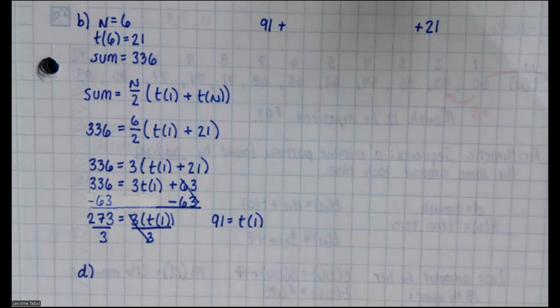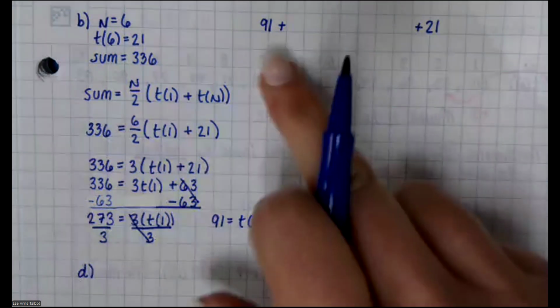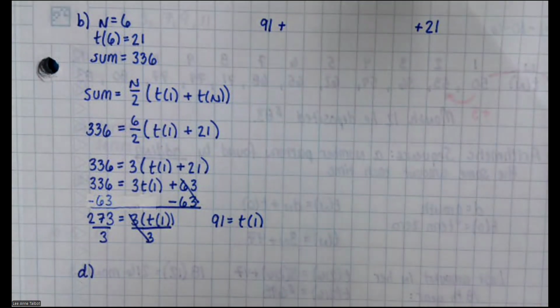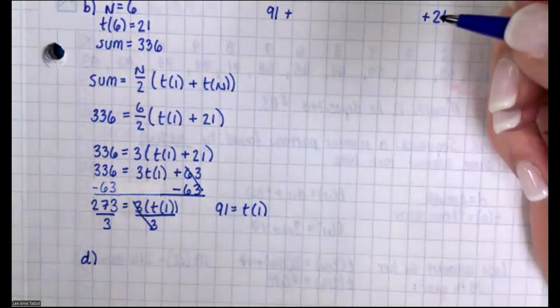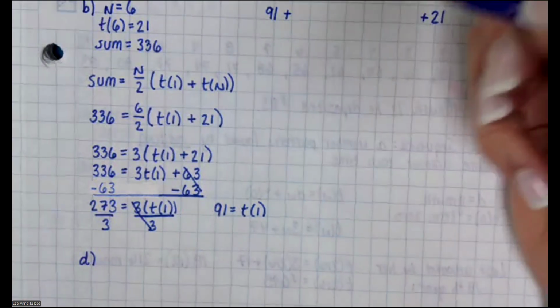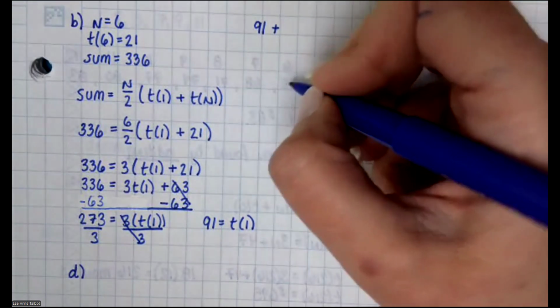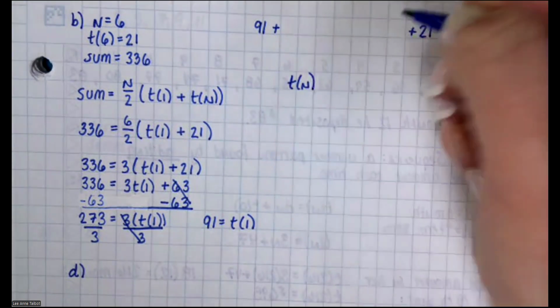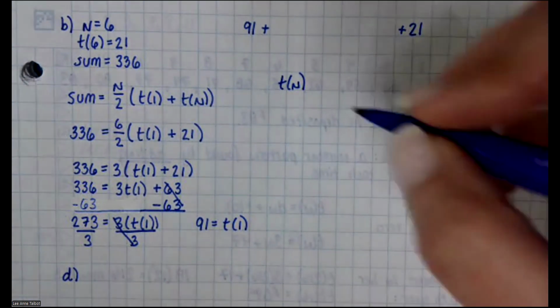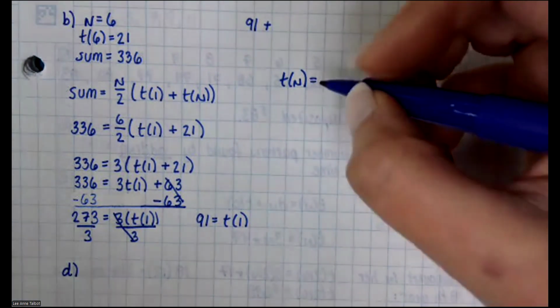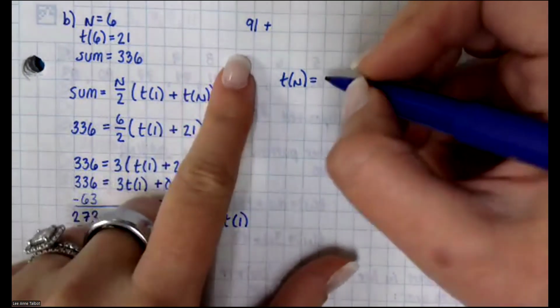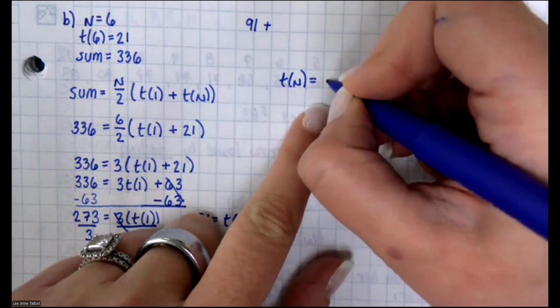Okay, so I know my first term's 91. I know my last term's 21, but I have to figure out how far apart they are from each other. What do I do when something's missing? Yep. Hold on, not sure yet. Find the equation first. Okay, so D, we don't know.